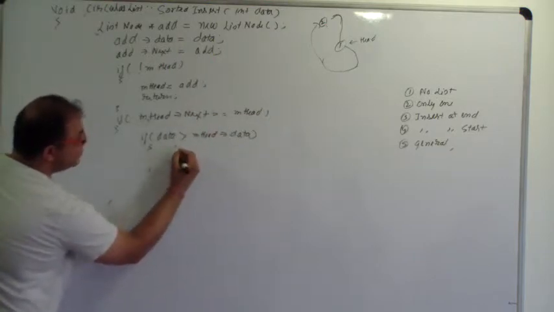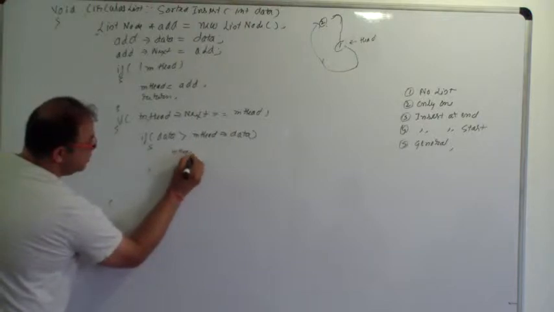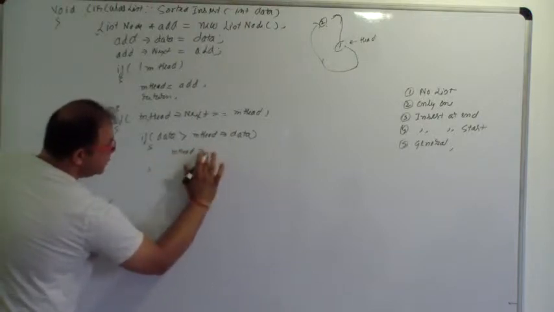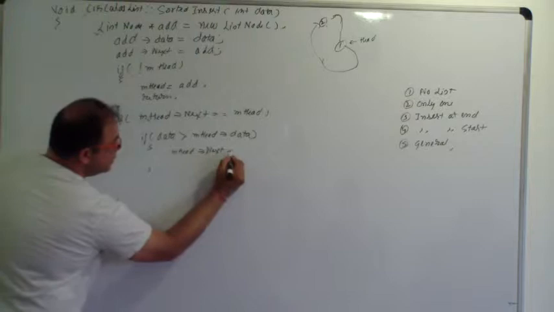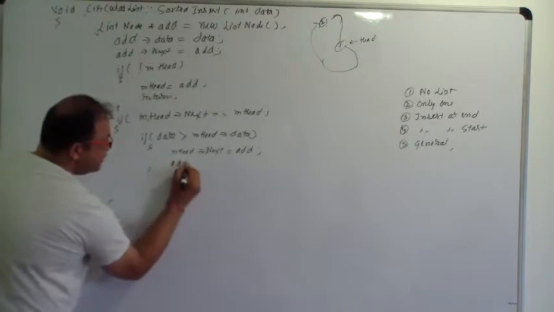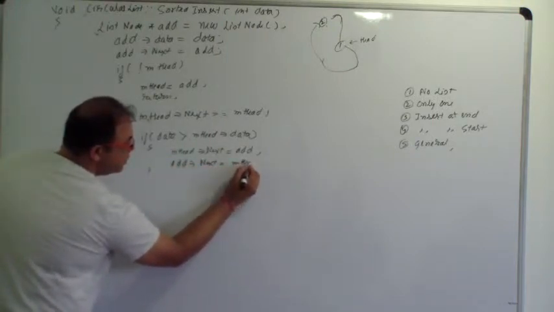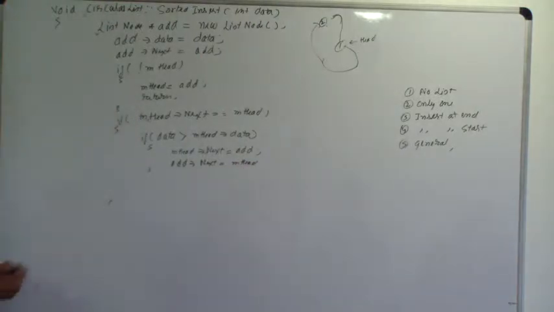So what will we do? Head, m head, arrow data, arrow next is equal to add, and add arrow next is equal to m head. Okay.